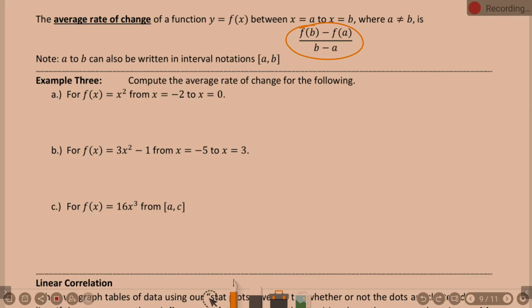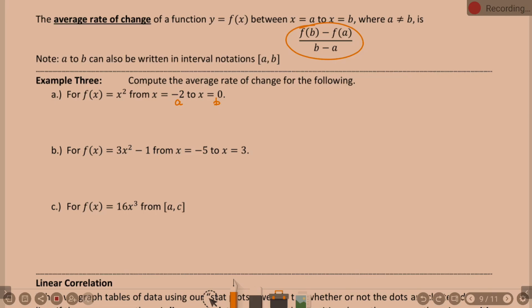In order to do this, f of x equals x squared, so that's my function, from x equals negative 2 to x equals 0. What are negative 2 and 0? Those are my what? I heard it. Those are my a and b values. So we know what we're going to fill in on the bottom.